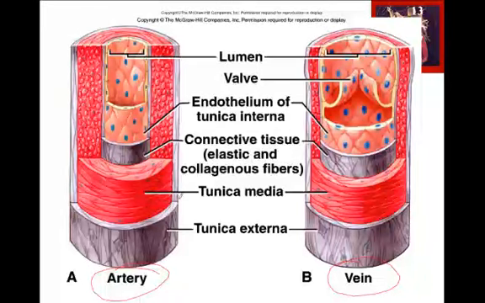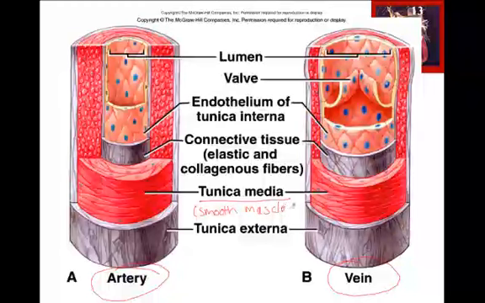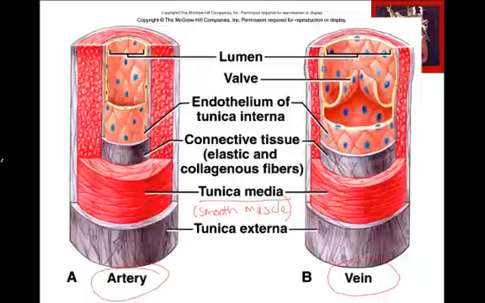This tunica media consists of smooth muscle. That smooth muscle is important, especially in the arteries, because it helps to maintain the high pressure in your arteries. That's why it's important for the arteries to have a thicker tunica media than the veins, because maintaining high pressure in the veins is not as important, but maintaining that high pressure in the arteries is very important.